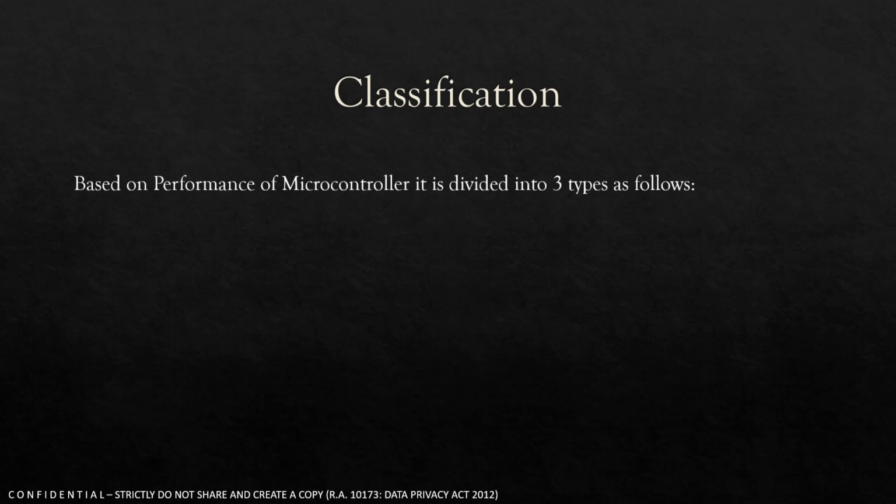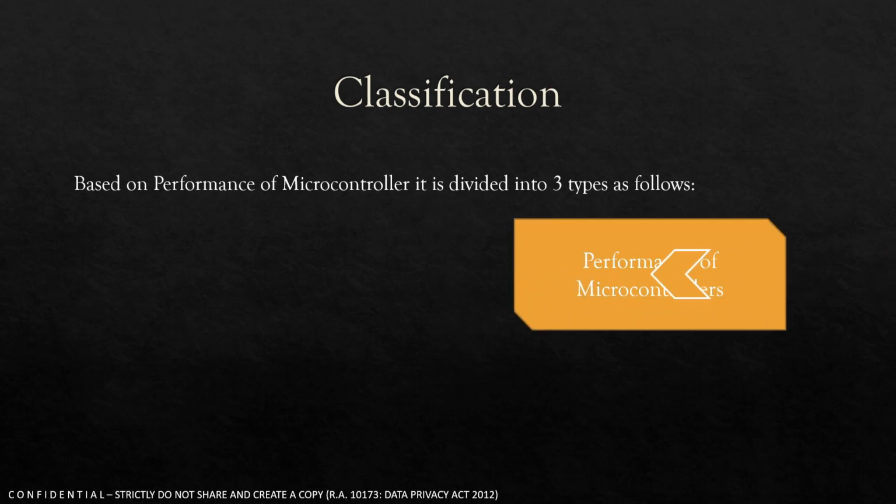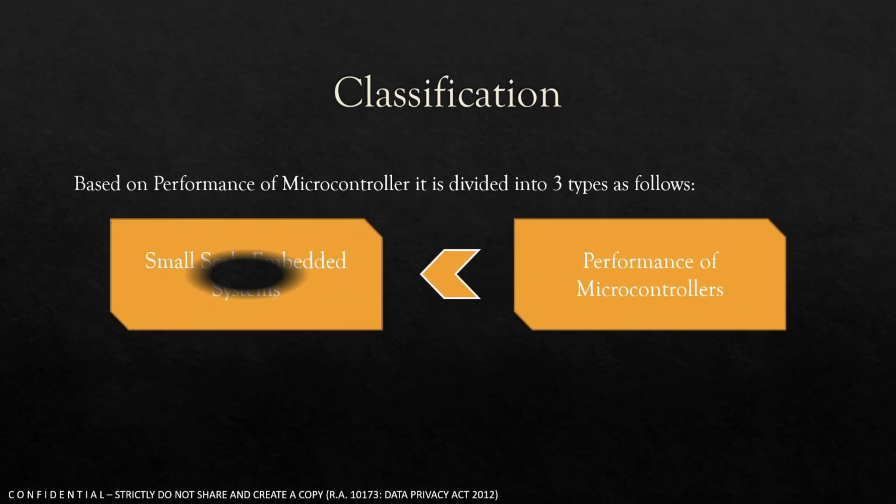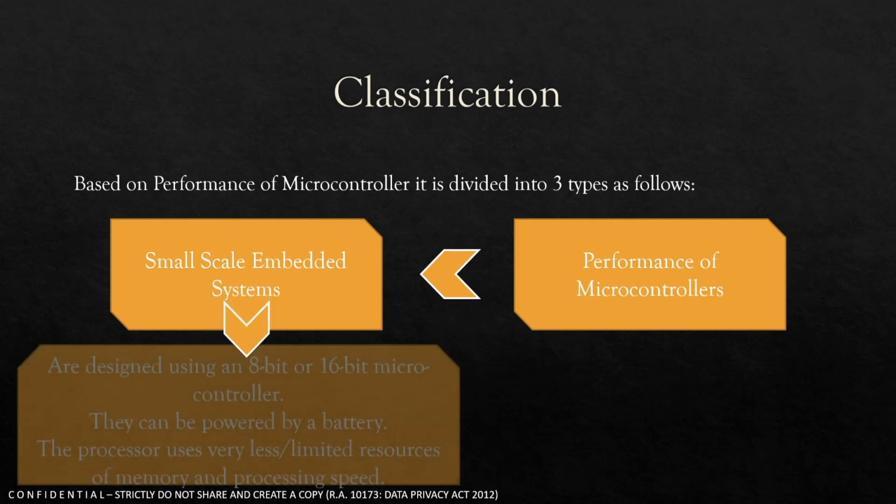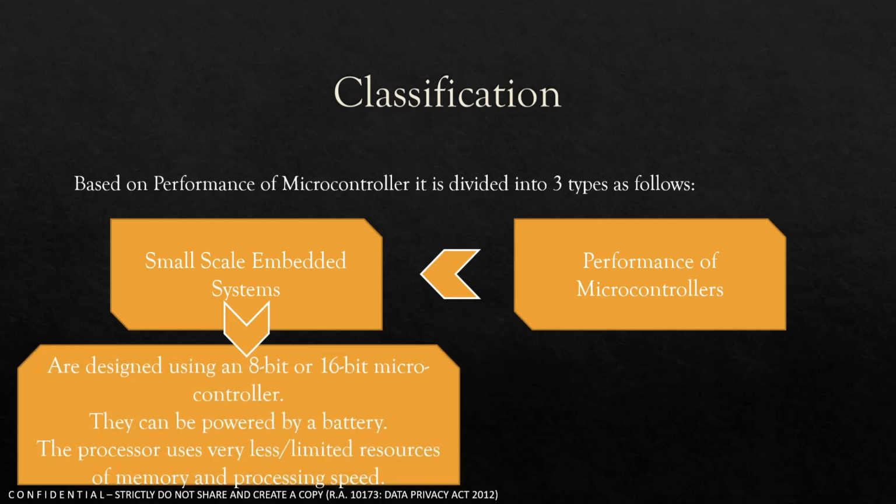Now, let's proceed to the performance of the microcontroller. We have 3 different types. First is the small-scale embedded system. Small-scale embedded systems are designed using an 8-bit or 16-bit microcontroller.